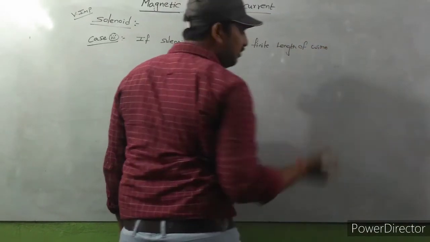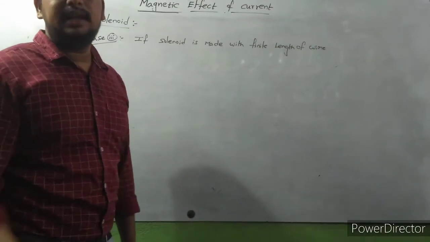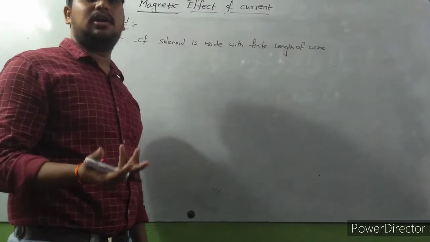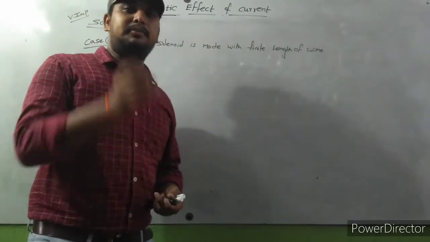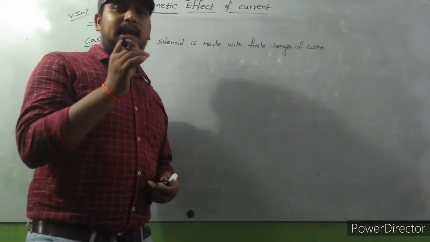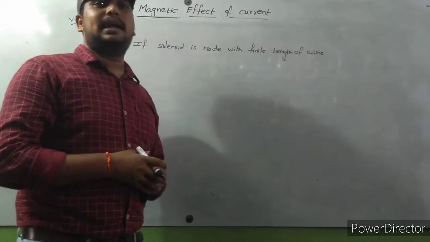Finite length means some 5 centimeter, 10 centimeter, a particular length. Infinite means we don't know how much that length is. If it is made with infinite length of wire and a point is at the middle, B is equal to mu naught n I. If it is at the edge, mu naught n I by 2.